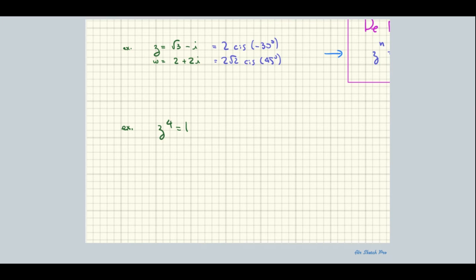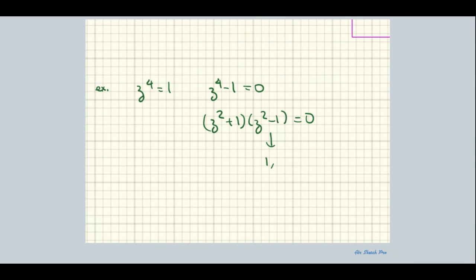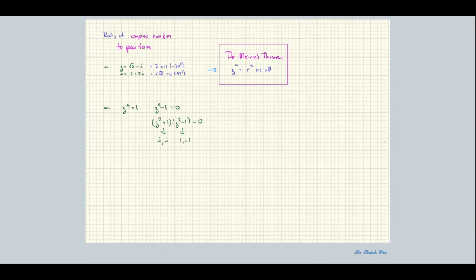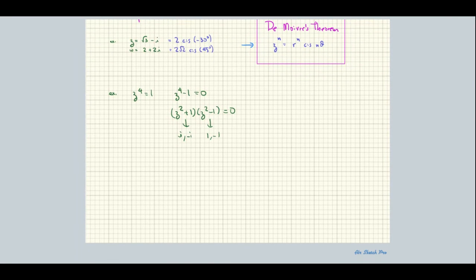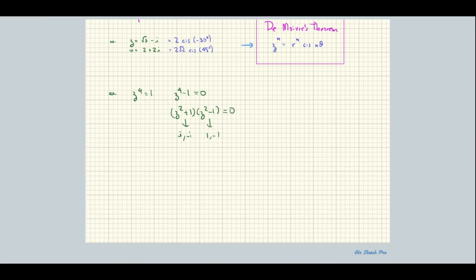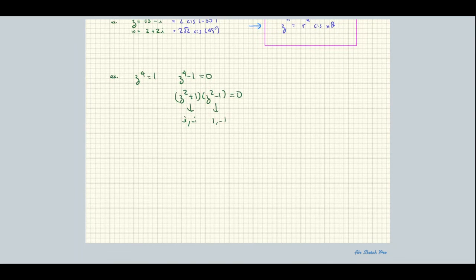I know this is the same thing as the polynomial z to the 4th minus 1 equal to 0, which factors as z squared plus 1 times z squared minus 1. This one gives the solutions 1 and -1, and this one gives the solutions i and -i. So I could totally do this just by factoring. But now I'm going to forget that, and I'm just going to look at the wheel.